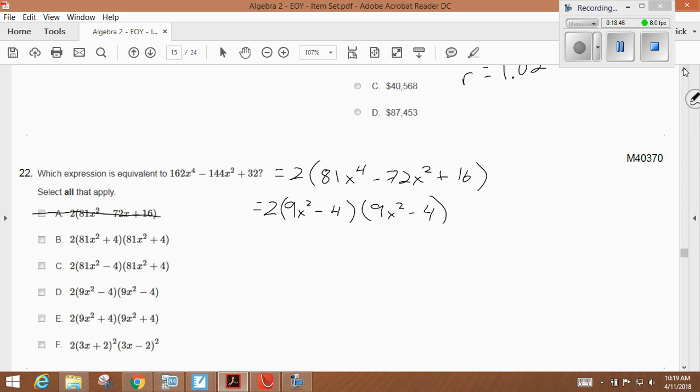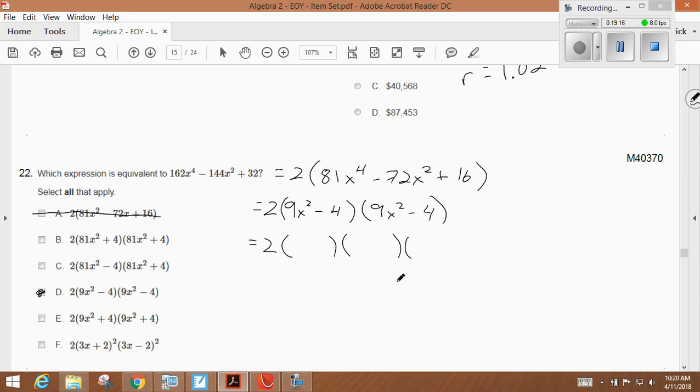All right, so look, I can choose this one. Yay. Hey, but you know what? Each one of these are also perfect square trinomials. So it turns out that 9x squared minus 4 is now a difference of squares.